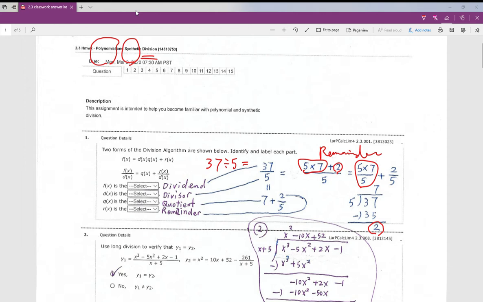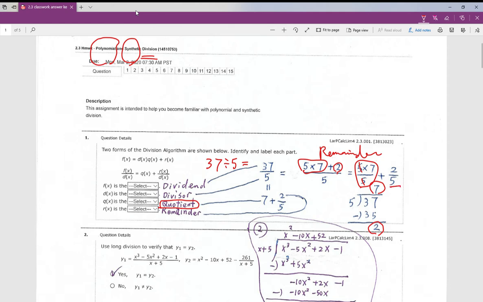So after you divide and find your quotient, if you have a remainder, then you write down the remainder, not the 2, but 2 over 5.